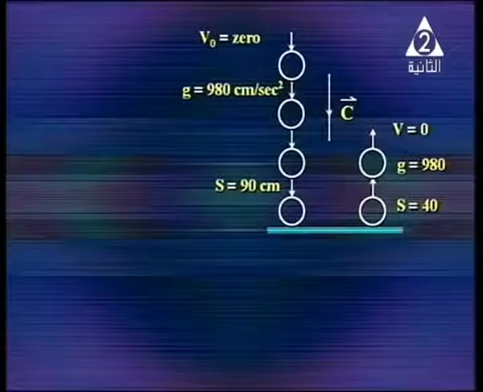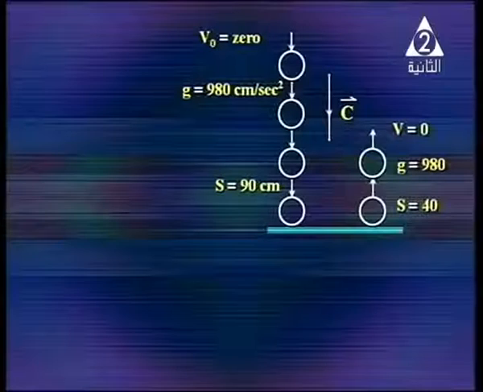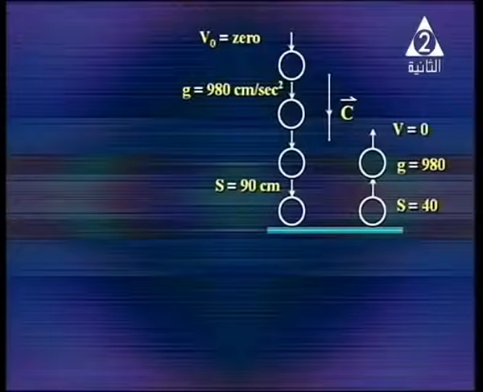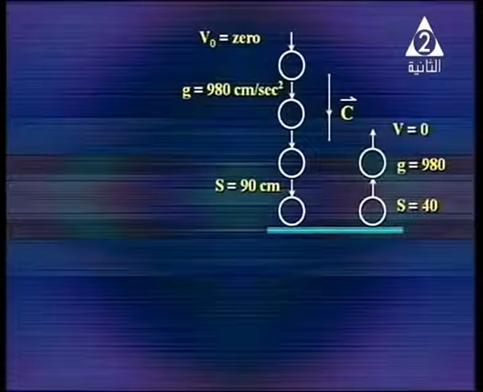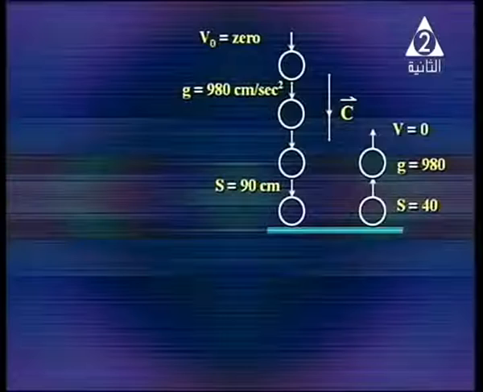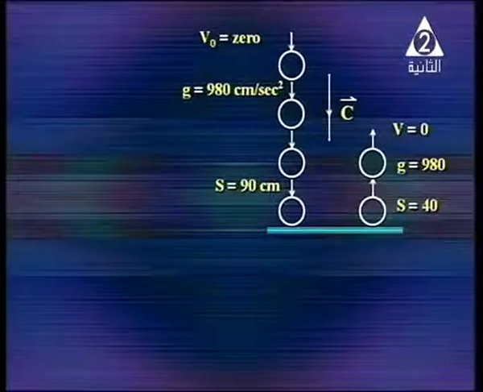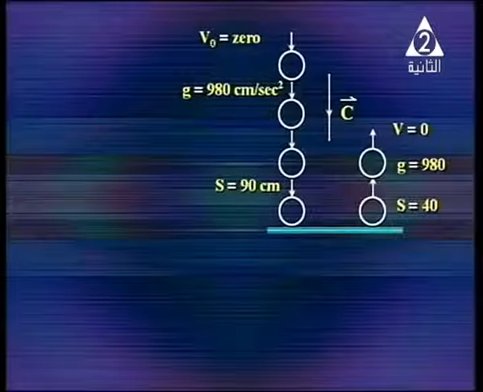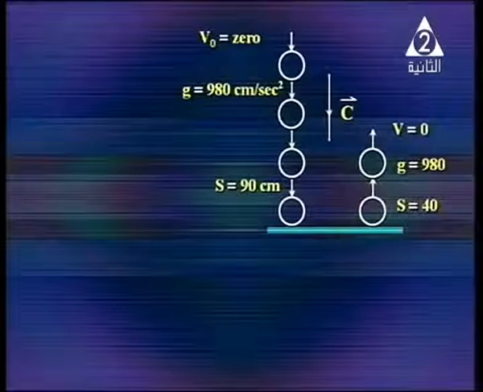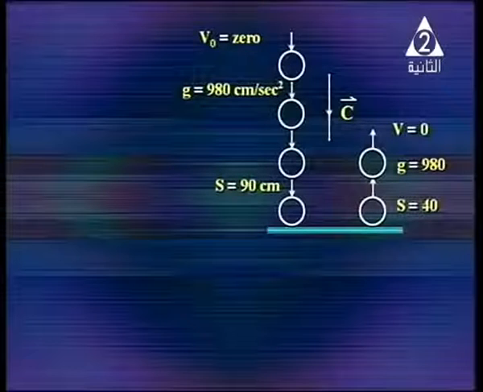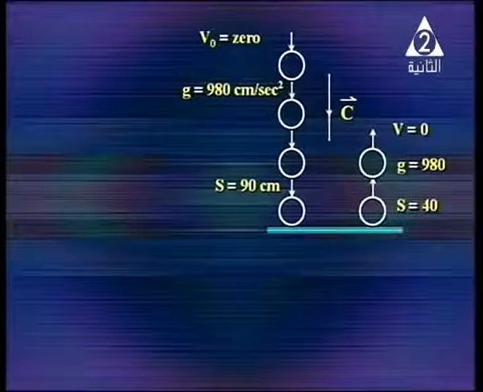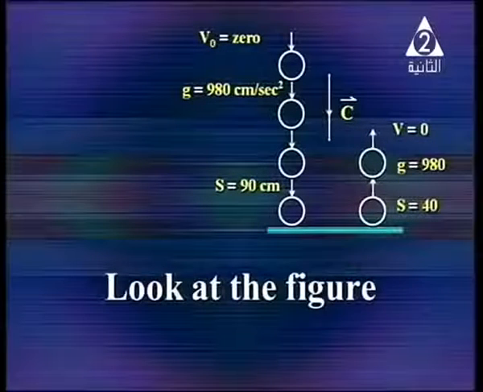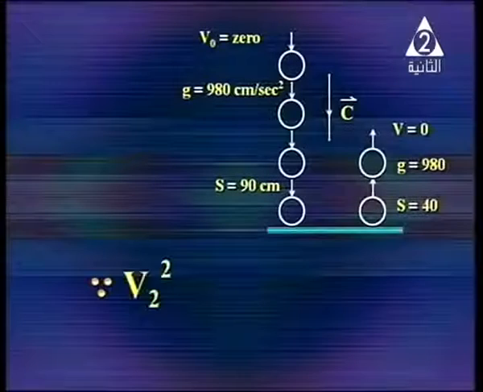After that, the rubber ball rebounds up with distance 40 centimeter and G 980 centimeter per second square to reach the maximum height. Maximum height means the final velocity is equal to 0. Remember, dear student, this example is very important. Look at the figure of the example.